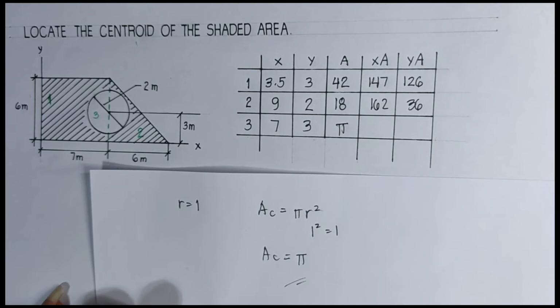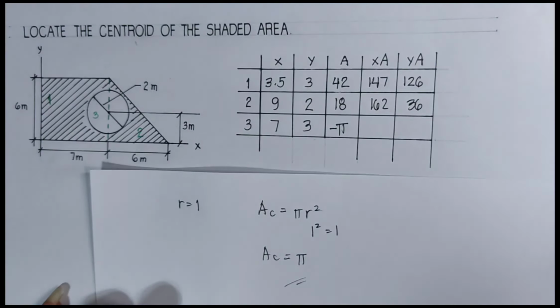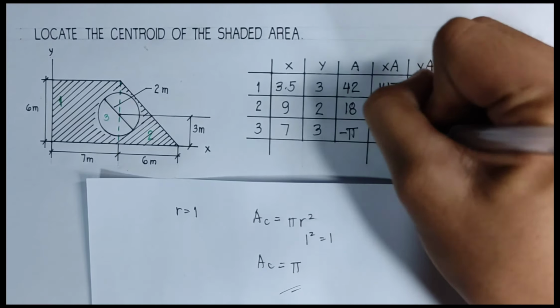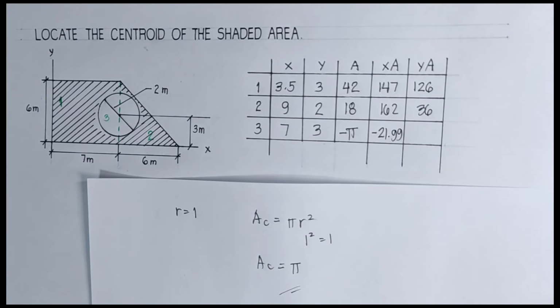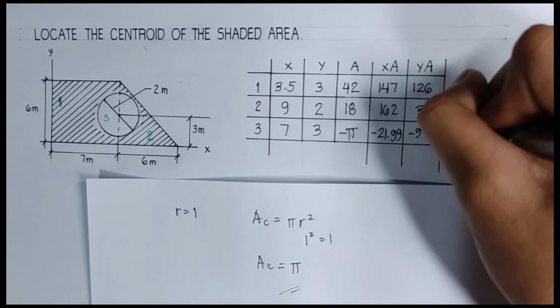Then our area for a circle will be negative pi. XA is equal to negative 7 pi or negative 21.99. And for YA, it is equal to negative 3 pi or negative 9.42.